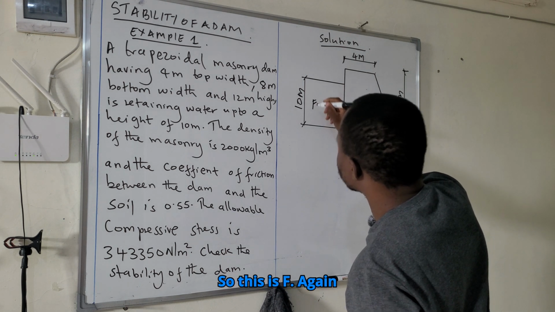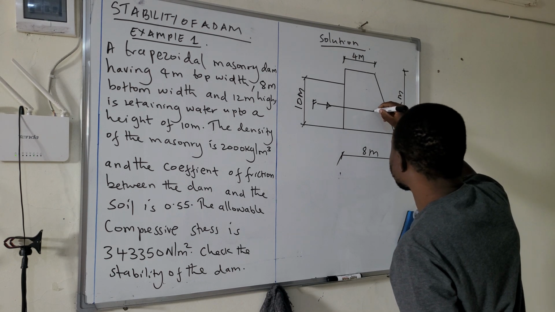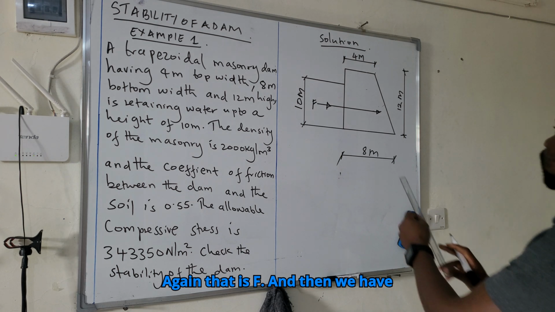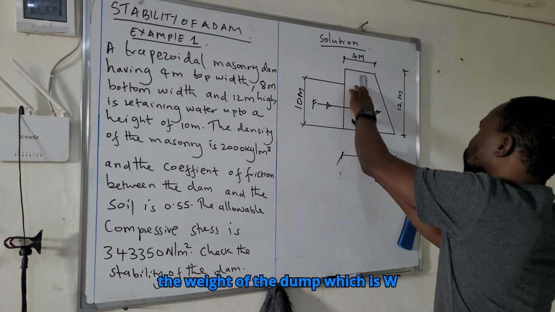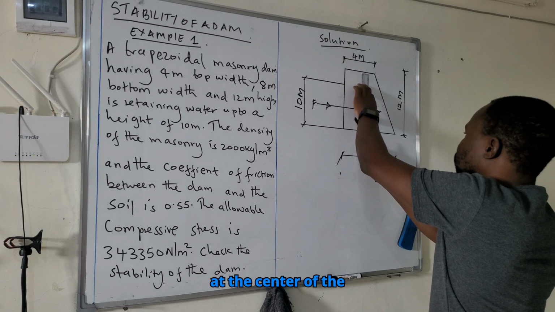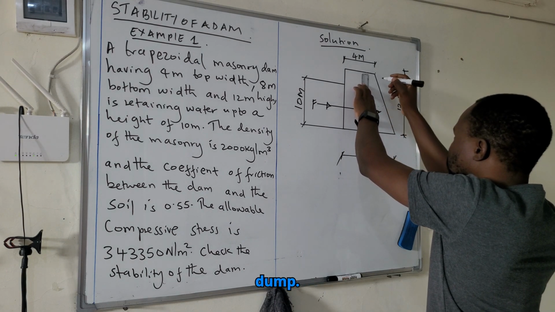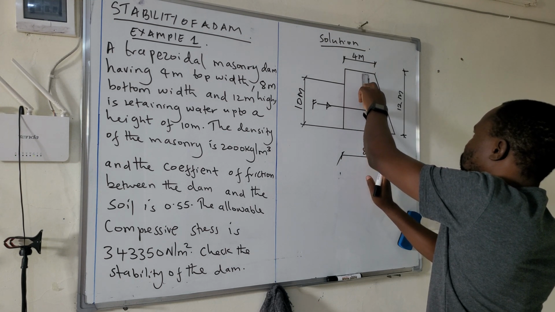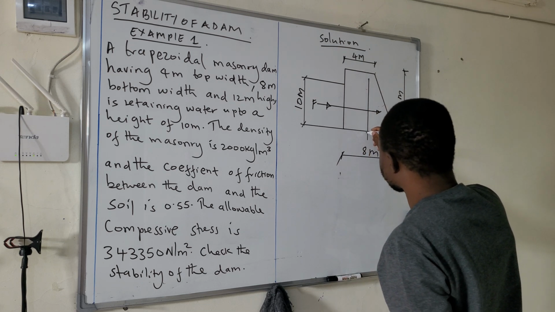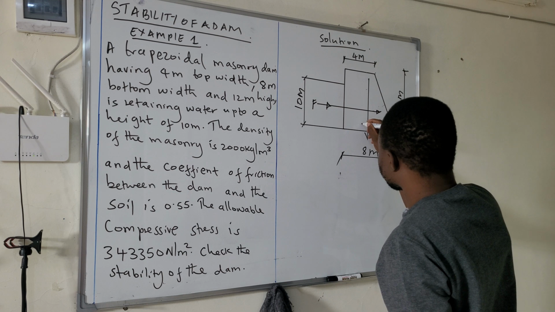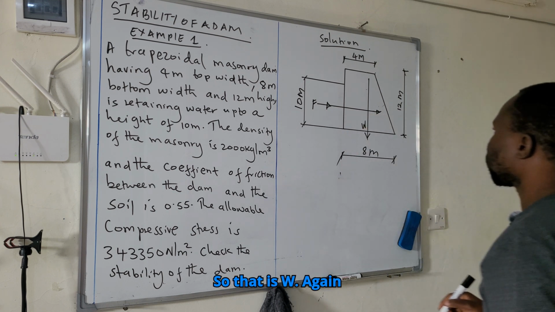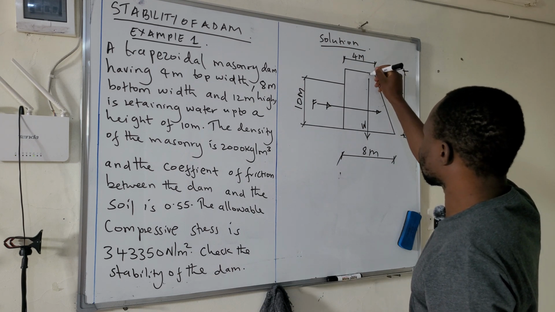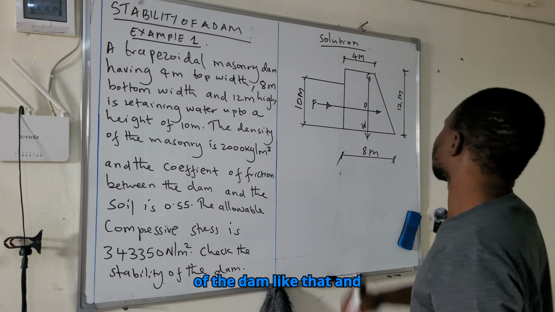So this is F. Again, that is F. And then we have a weight of the dam, which is W, at the center of the dam. So that is W. Again, this weight is acting at the center of the dam, like that.